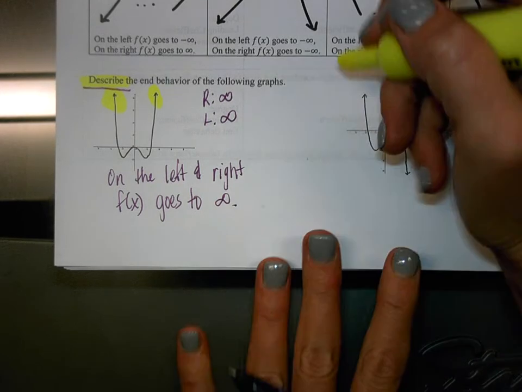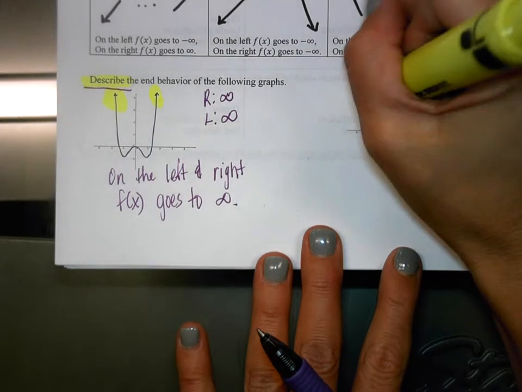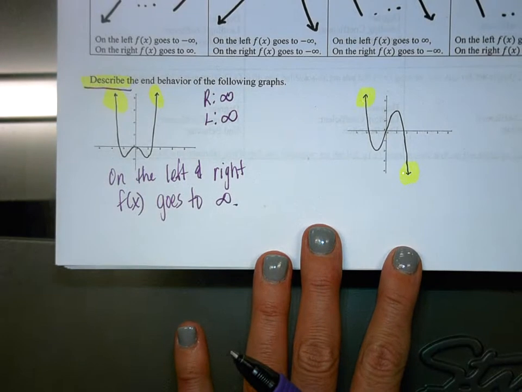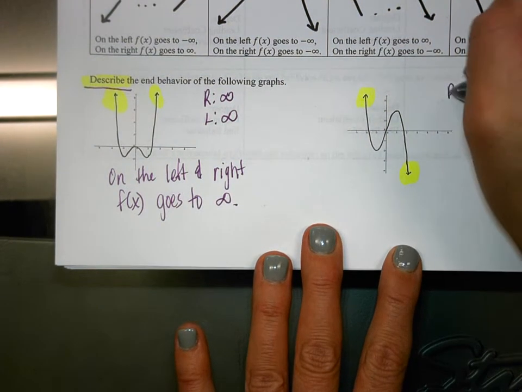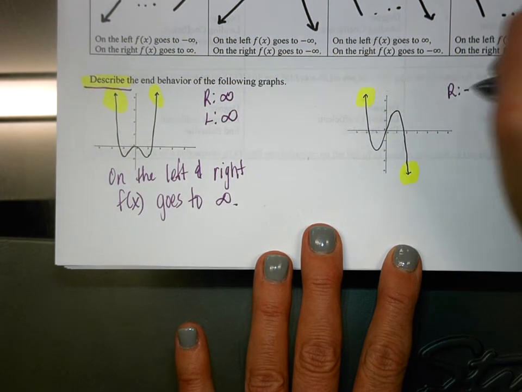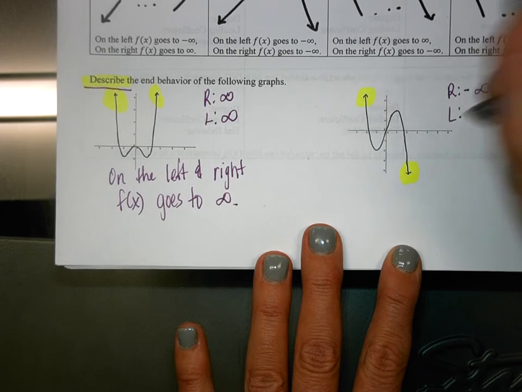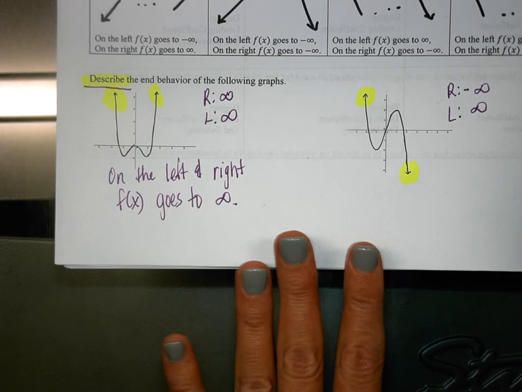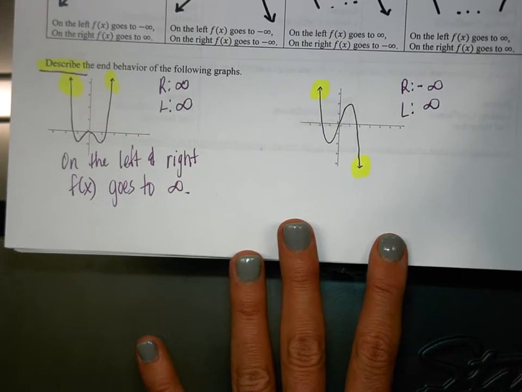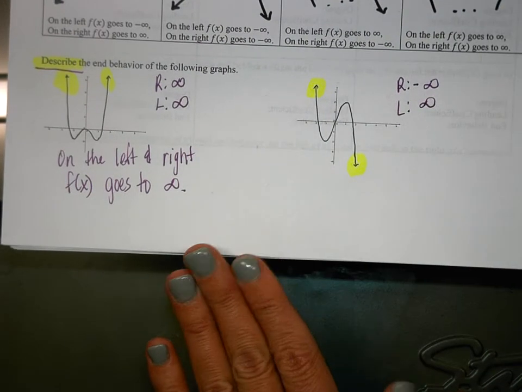Okay, the next graph, if you look here, the right side is going where? Negative infinity because it's pointing down. And the left side is going to positive infinity. Very good. And so again, we're going to write a sentence.